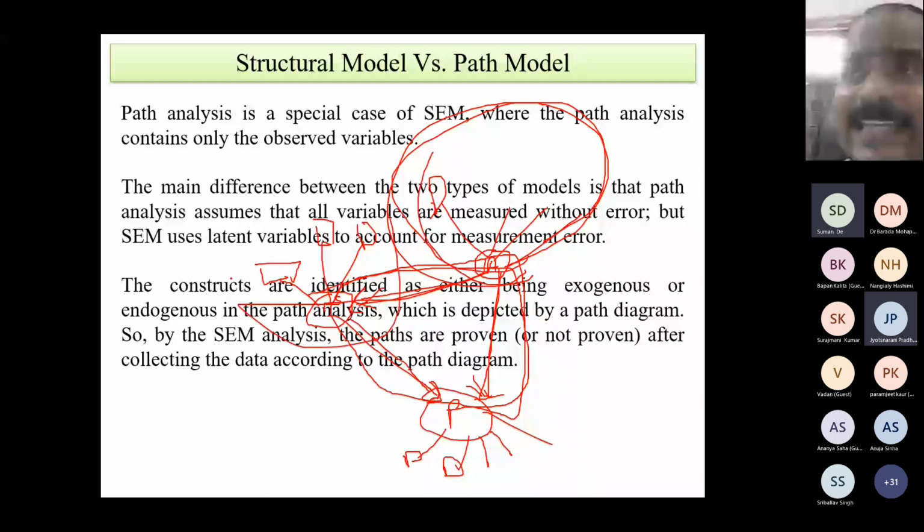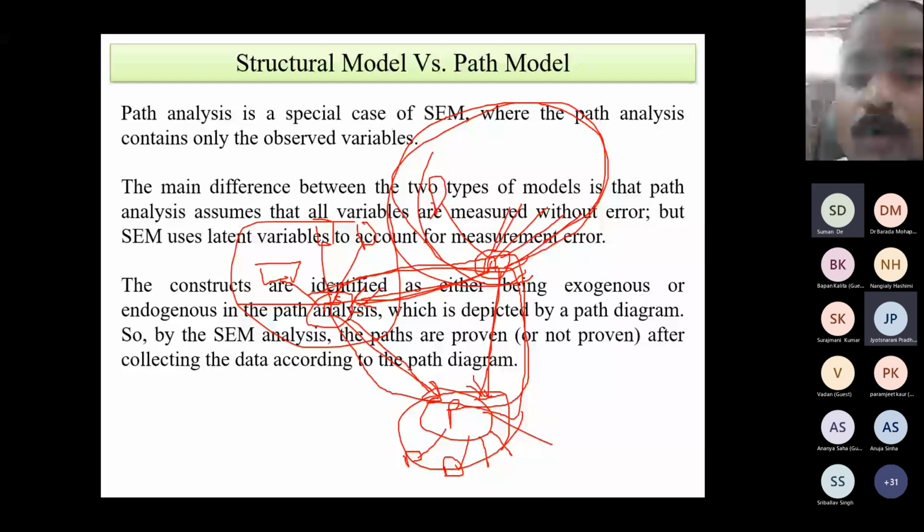Now, while testing the relationship between attitude and satisfaction, there is no need to take how attitude has been formed, how satisfaction has been formed, how performance has been formed. How attitude has been formed, we have already tested by 3 or 4 indicators or variables. How satisfaction has been formed, or better to say reflected, we have already tested.